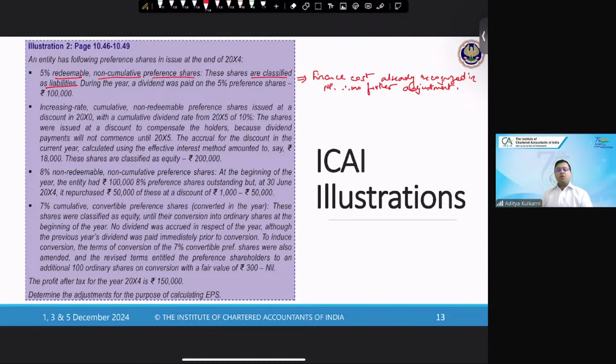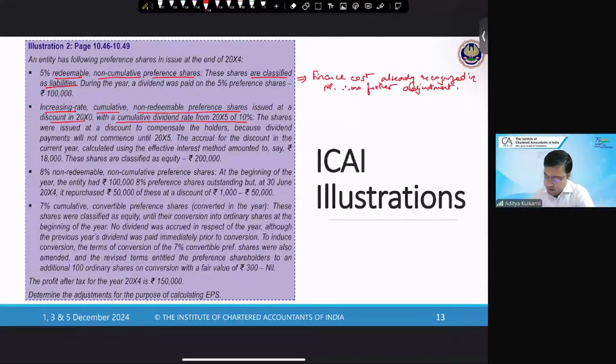Okay, you will study more about this, but for now, since it is already treated as a liability, you will not do any adjustment to this. Coming to the next part, increasing rate, cumulative, non-redeemable preference shares issued at a discount in 20x0 with a cumulative dividend rate from 20x5 of 10%.